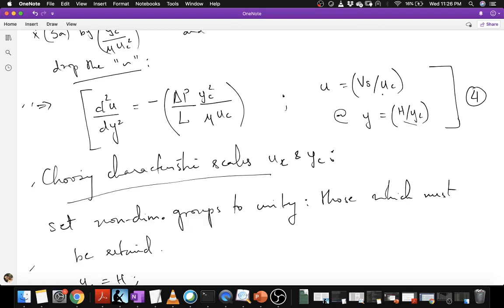And for such a problem, I should set this term here involving the pressure gradient to unity. Because then that means the pressure gradient is balancing the viscous stresses inside the fluid, and that is what is creating a steady flow.